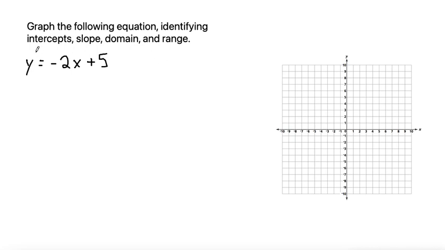Okay, so if we're wanting to graph this equation, we can use the rule that if we have a form of y is equal to mx plus b, the m is the slope of the line, and the b is the y-intercept.